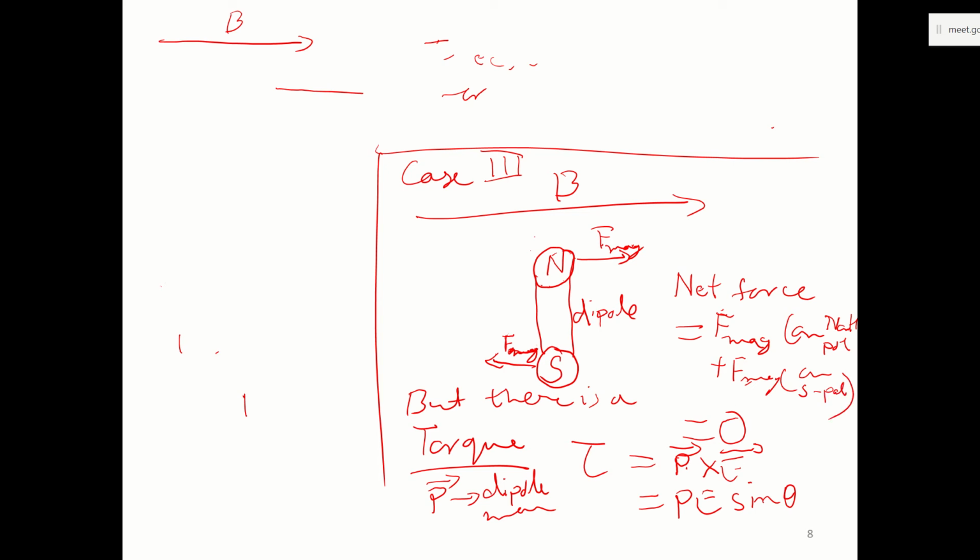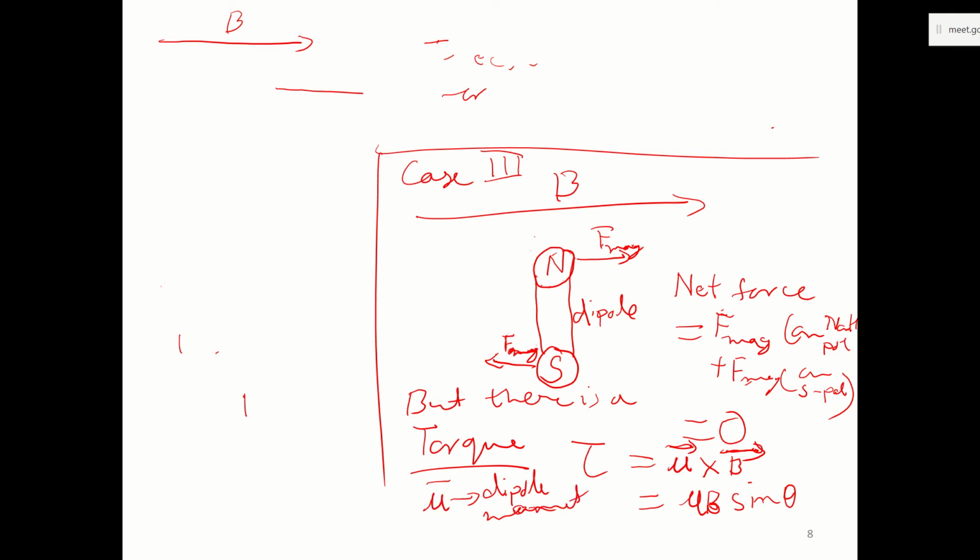So there is again a torque. I am going to replace the dipole moment with mu for magnetic, and the electric field is replaced with the magnetic field, and a similar relationship emerges for torque. The torque is mu B sin theta, where mu is your dipole moment.